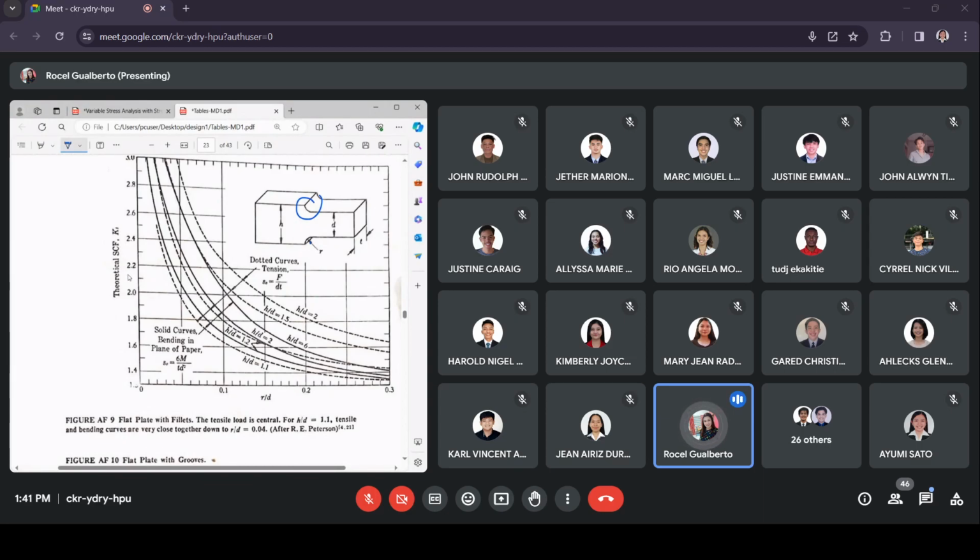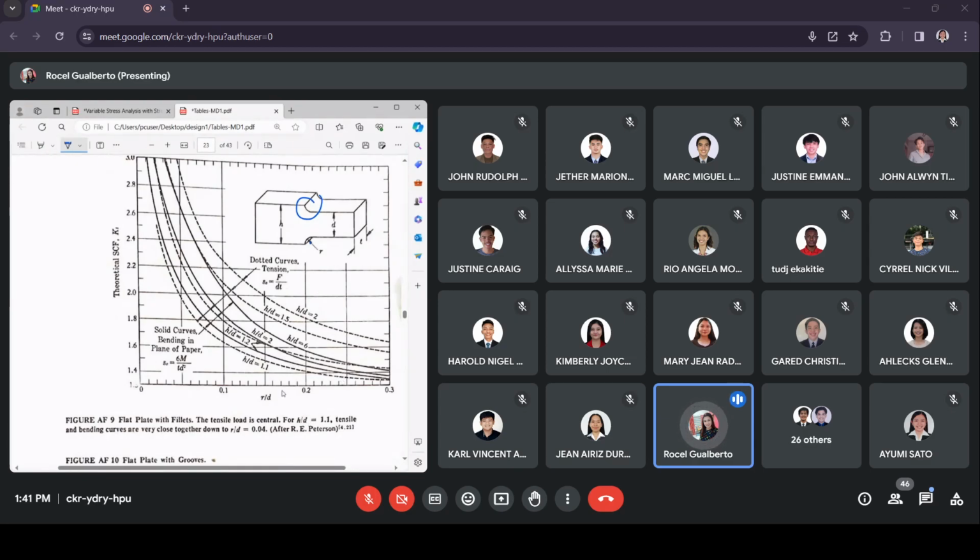It is only figure AF8 that has left and right y-axis. But for the succeeding figures, AF9 up to AF14, you only read the value on the left side. So that is how you obtain the value of KT.